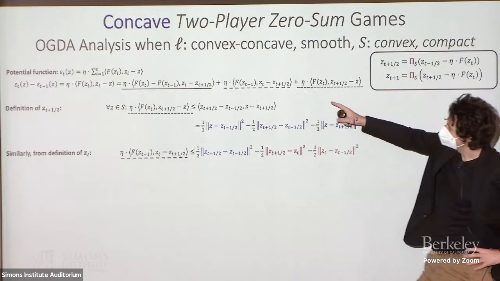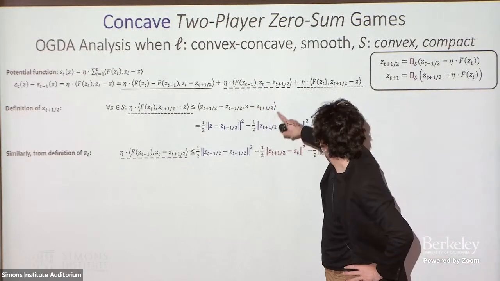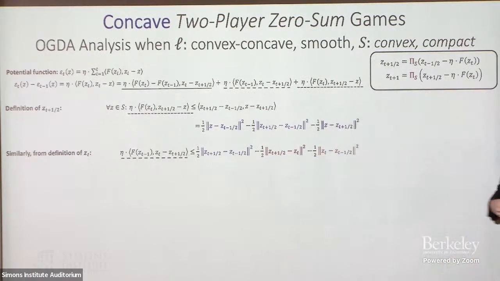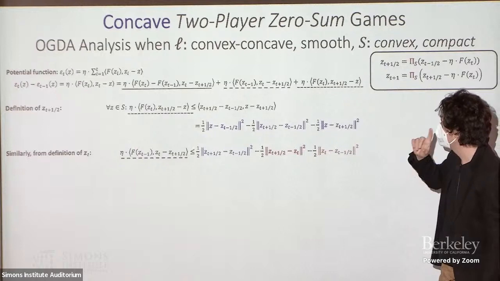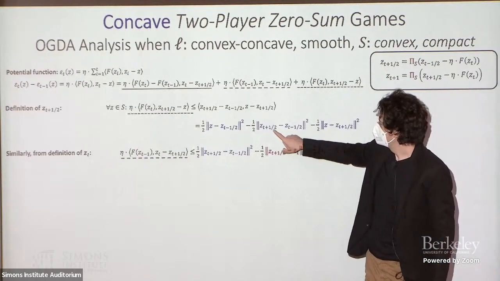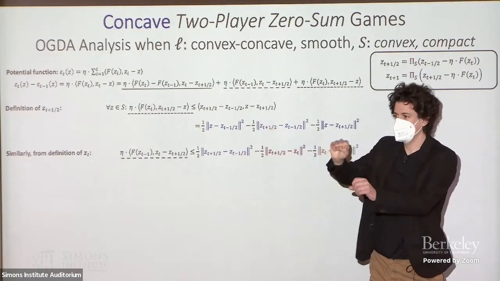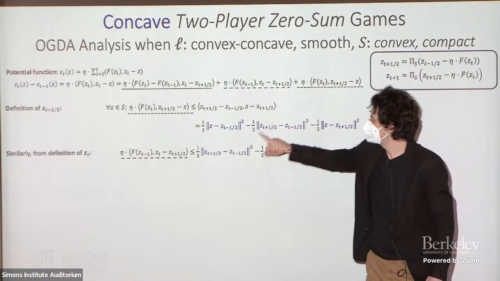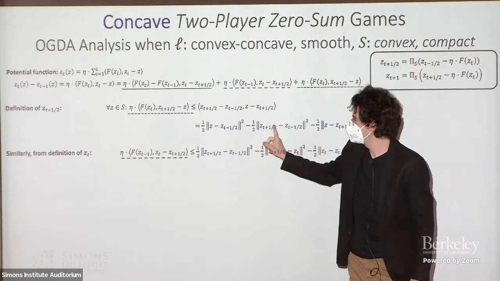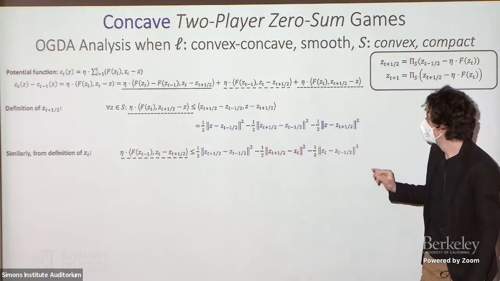By analyzing this middle term, you get an analogous statement. And now I'm going to do some color coding to help you. The purple term is the difference of the interpolated points in one step. It appears here with a negative sign, here with a plus sign.